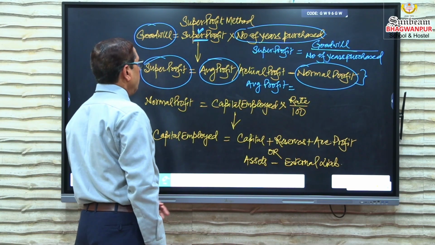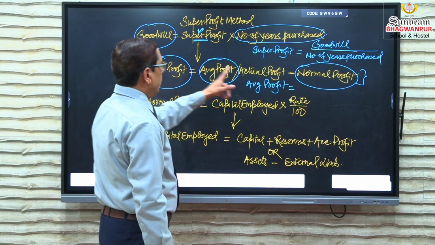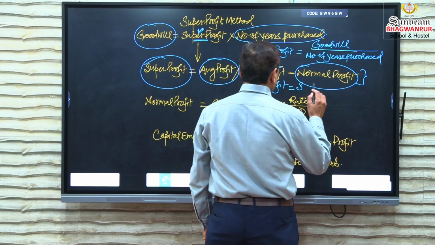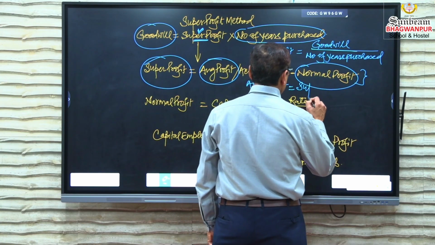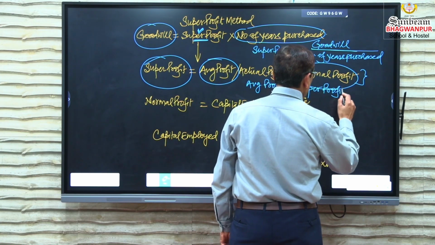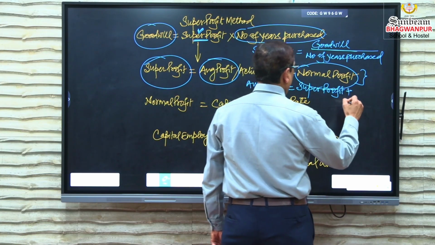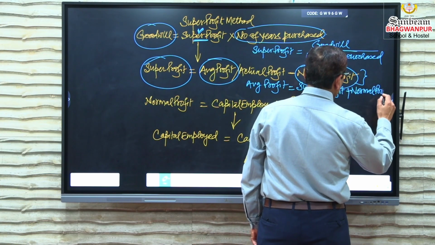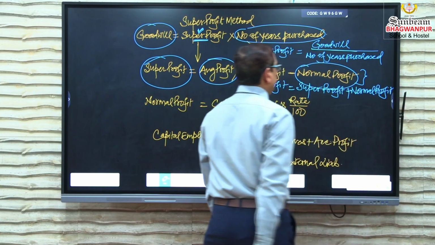Average profit is equal to super profit plus normal profit.